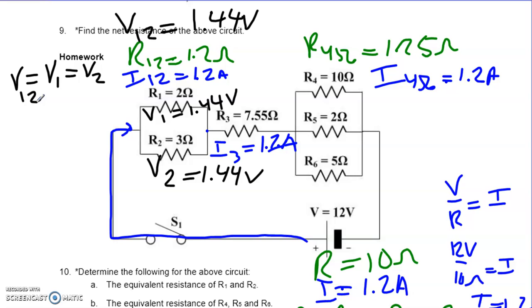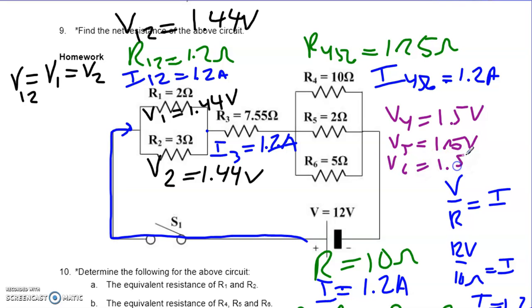So if we did this for 4, 5, and 6 to figure out what the voltage is, we take the 1.25 times 1.2 and we get 1.5 volts. So that means that, and I'm running out of room here as you can clearly see, V4 must be 1.5 volts, V5 must be 1.5 volts, and V6 must be 1.5 volts.